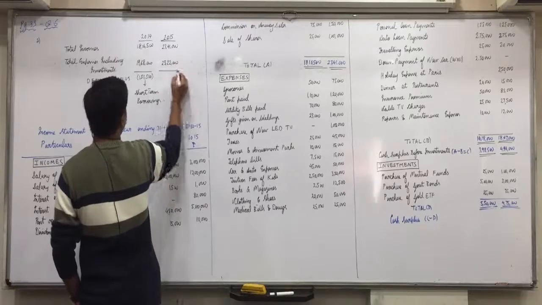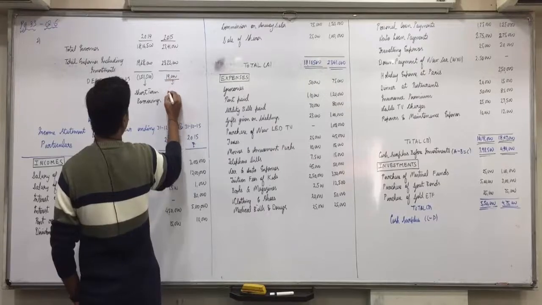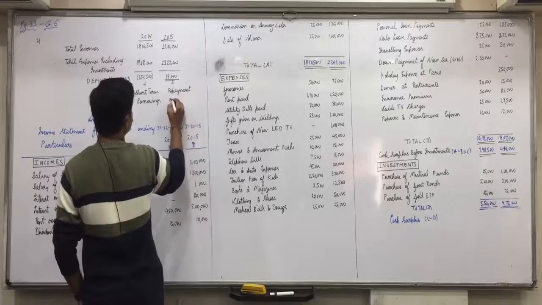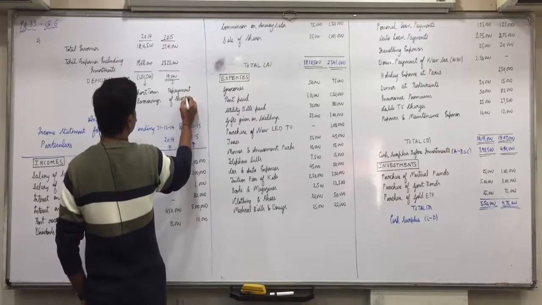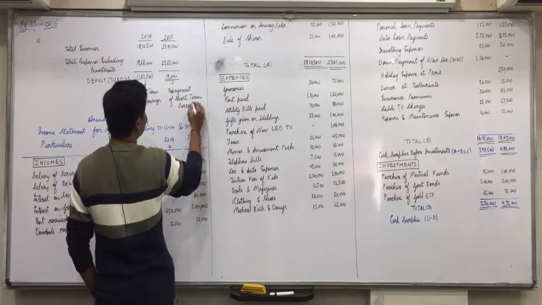Means how much surplus is there? That 19,000 we will repay against the short-term borrowings. And in both the years, the final cash surplus will become zero.